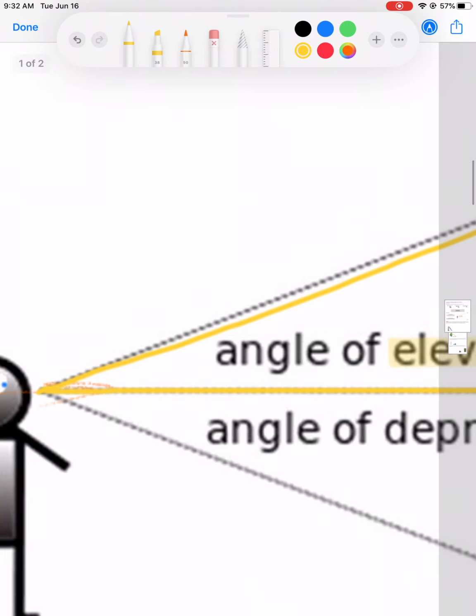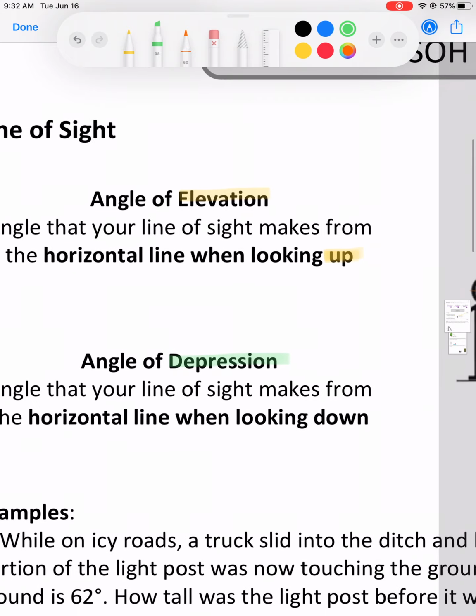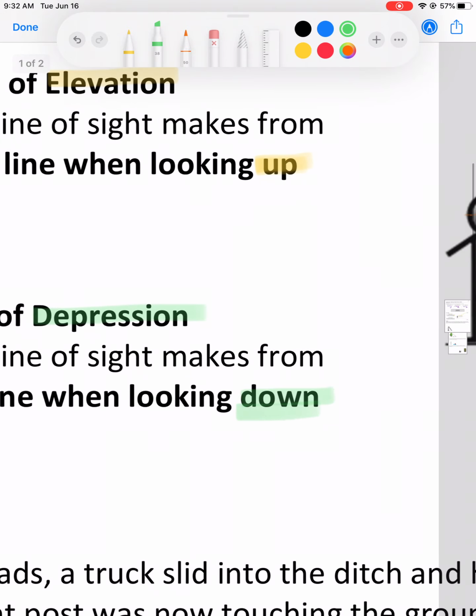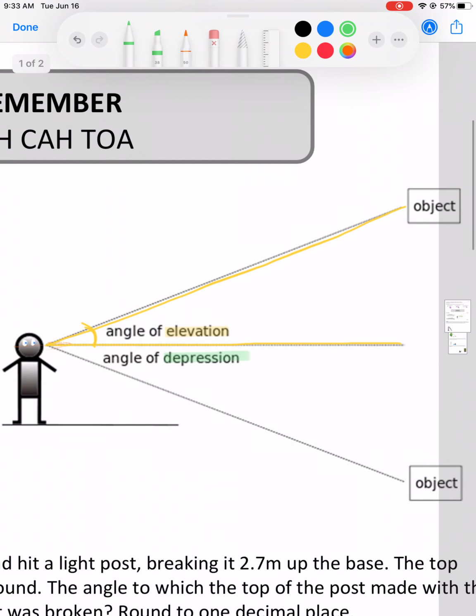It's the one going up. Whereas the angle of depression is the sight line looking down. Again, the same sight line but looking down.